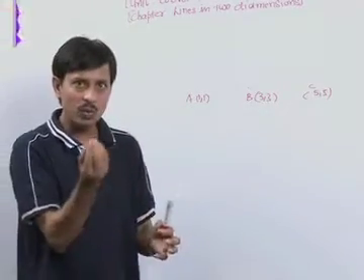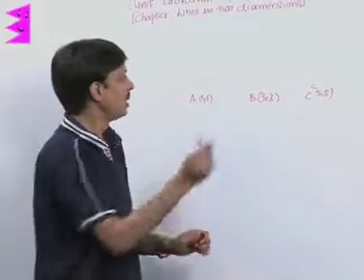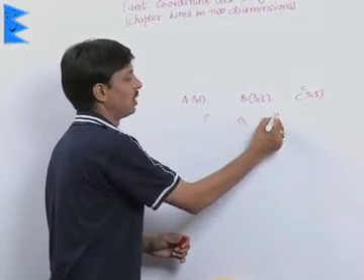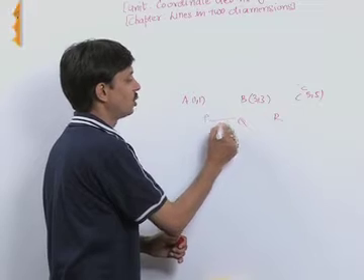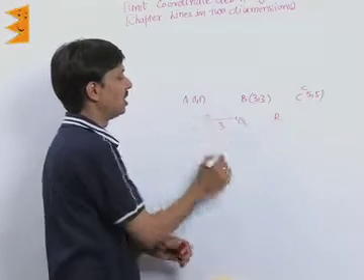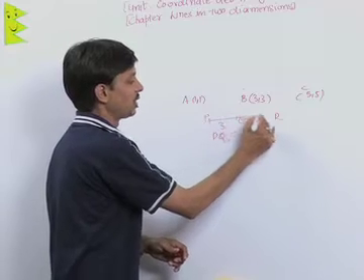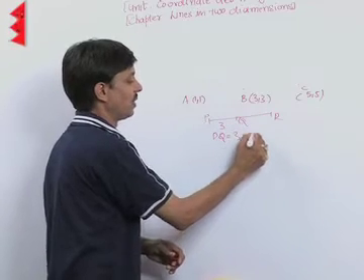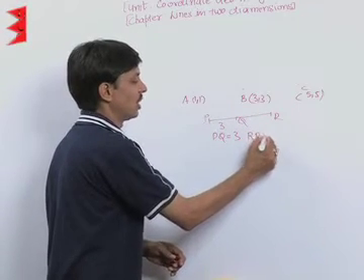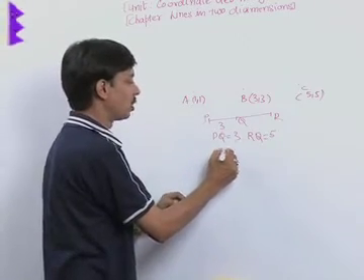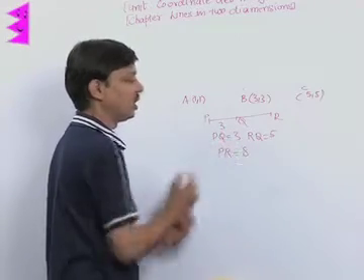If I take one very different example, suppose this is the point P, this point is Q, this point is R. Suppose the distance between PQ is 3 units, the distance RQ is 5, and one has told you the total distance PR is 8 units.